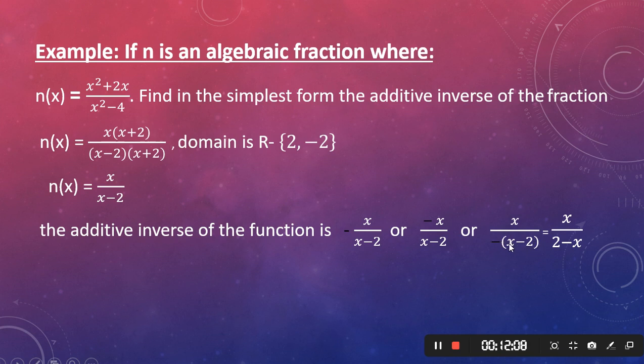So x will be negative and 2 will be positive, equals 2 minus x. So the additive inverse, we change the sign of the fraction as a whole, or the numerator only, or the denominator only.